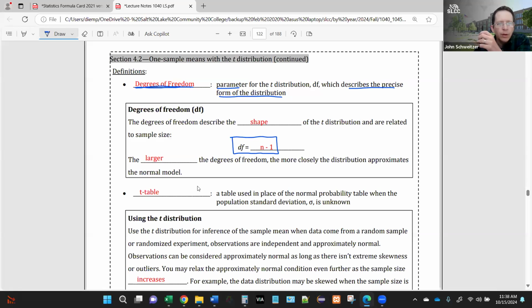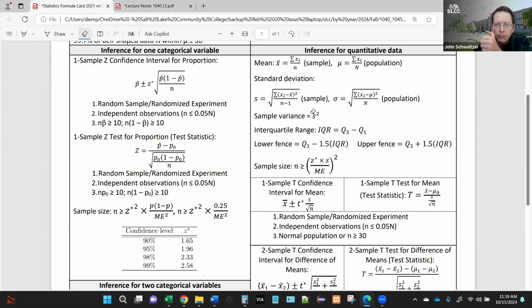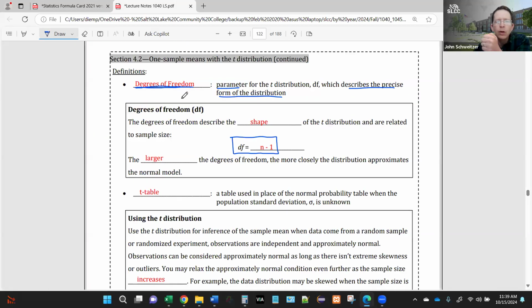If you remember the formula for the sample standard deviation, it's been a while, but remember we had that curious n minus 1 in the denominator. It's a very similar idea. So the degrees of freedom equals n minus 1. It's basically telling you how large the sample size is. While the t distribution is always bell-shaped, it is slightly different for every sample size.